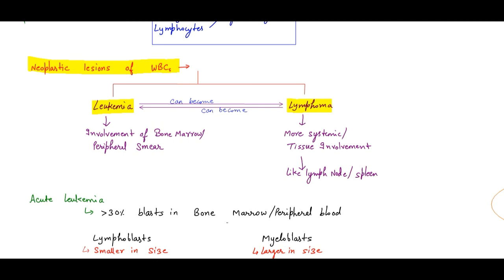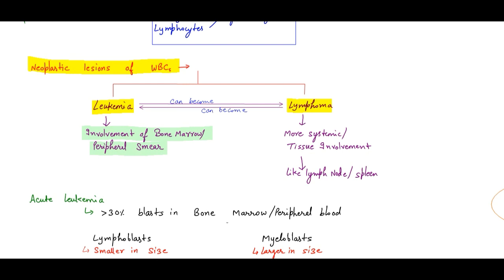So what is the difference between leukemia and lymphoma? The simple difference is that in leukemia there is involvement of the bone marrow and the peripheral smear. If there is involvement of the bone marrow and the peripheral smear, that simply means leukemia. And what is lymphoma?